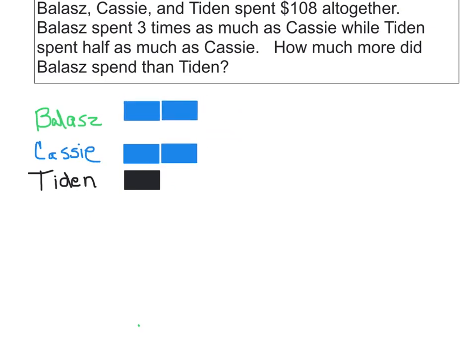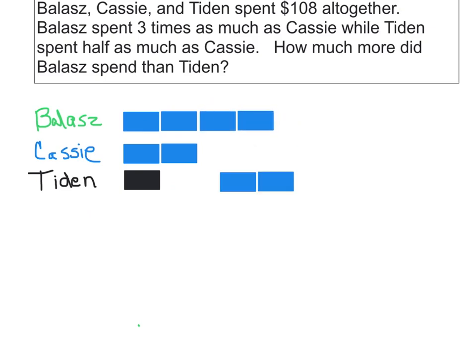So here is 1 times as many as Cassie. Here's 2 times as many as Cassie, and then here's 3 times as many as Cassie. All right, so now when I look at my story, Balazs spent 3 times as much as Cassie, and Titan spent half as much as Cassie.